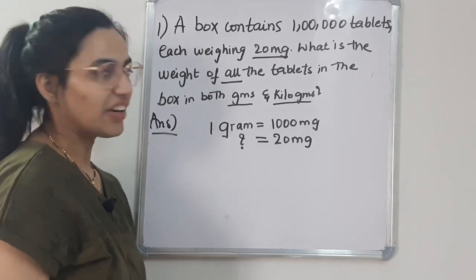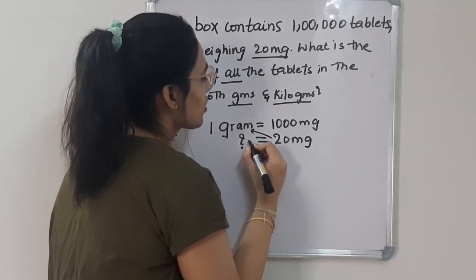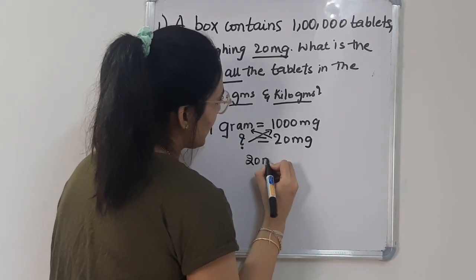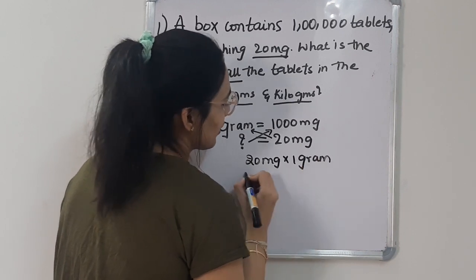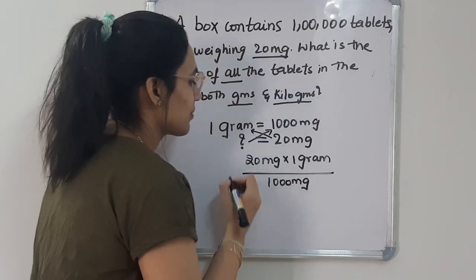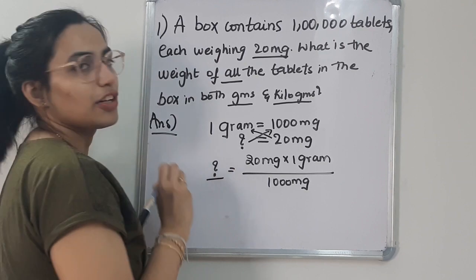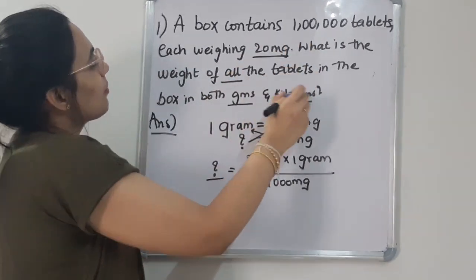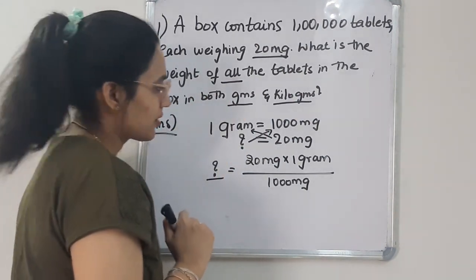So we will write it like this and then we will cross multiply. That is 20 milligrams into 1 gram by 1000 milligrams, equal to question mark. We need to find this value first, and only then can we find the weight of the tablets in the box in grams and kilograms.